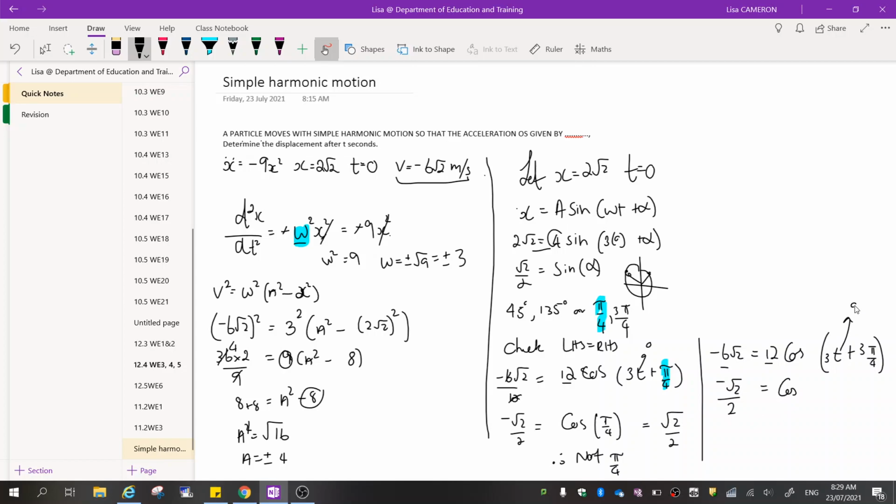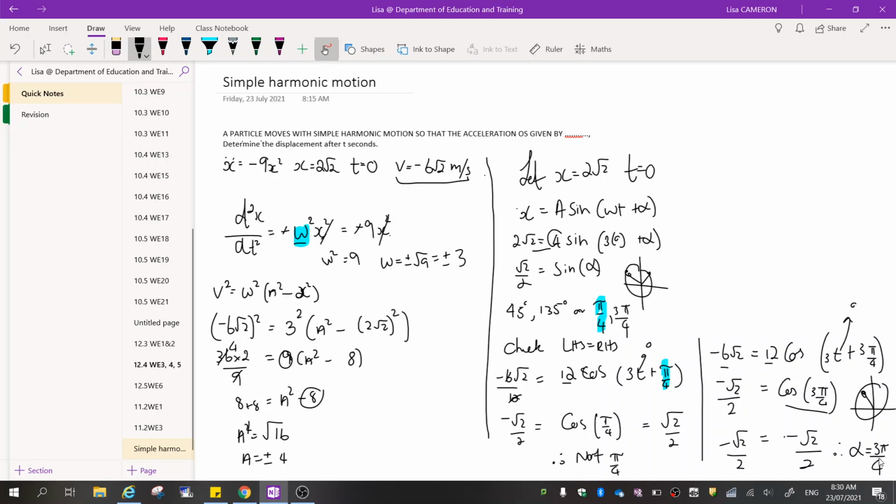We let t equal 0, meaning that this is cos of 3 pi on 4. Now that is over here in the quadrant where cos is negative, so that's going to be negative root 2 on 2. And this will also be negative root 2 on 2. Therefore, alpha is equal to 3 pi on 4.